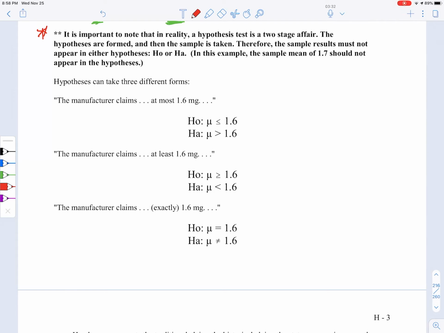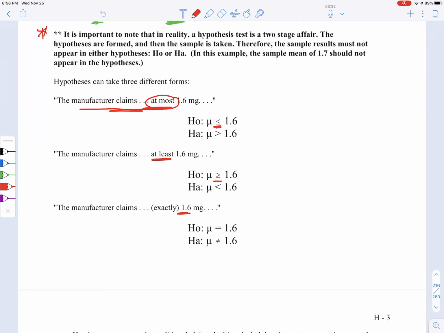The hypotheses can take three different forms. So when you see something worded like this, the manufacturer claims at most 1.6 milligrams of nicotine, then it means mu is less than or equal to 1.6. The opposite would be at least, which would be greater than or equal to 1.6.